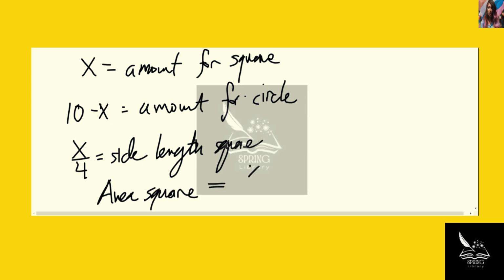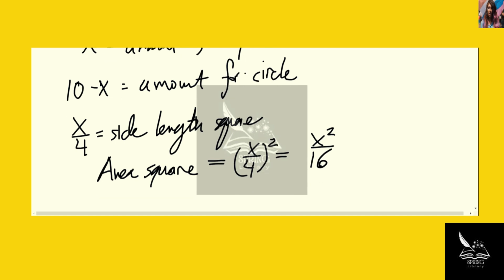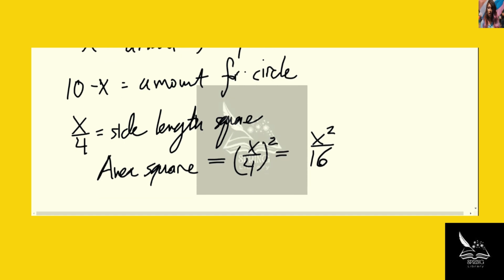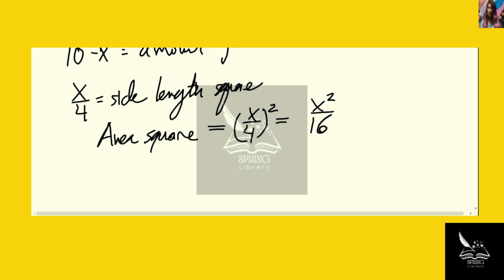This is x over 4 squared, which is x squared over 16. On the other hand, the circumference of the circle is the same as 10 minus x. So we have that 2 pi r equals 10 minus x, and so r as a function of x is r equals (10 minus x) over 2 pi.